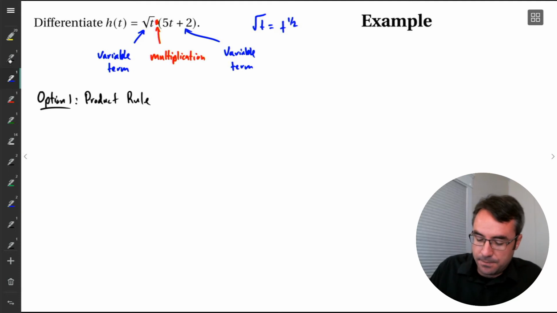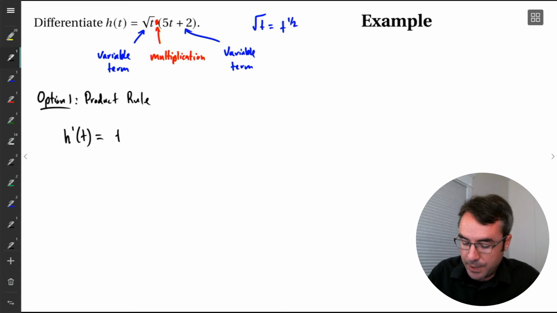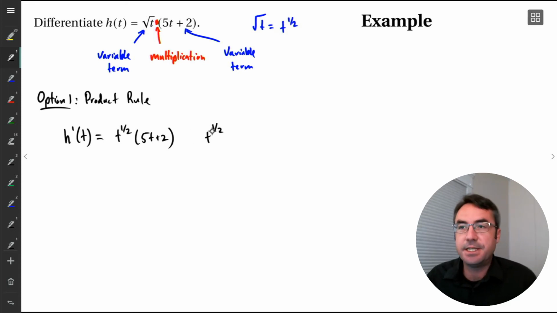All right, so we're going to calculate h prime of t using the product rule. So what does the product rule say? Let's implement the product rule. So we'll start by writing two copies of our product. So square root t times 5t plus 2. Then we write a second copy, t to the 1/2, or square root t, times 5t plus 2.